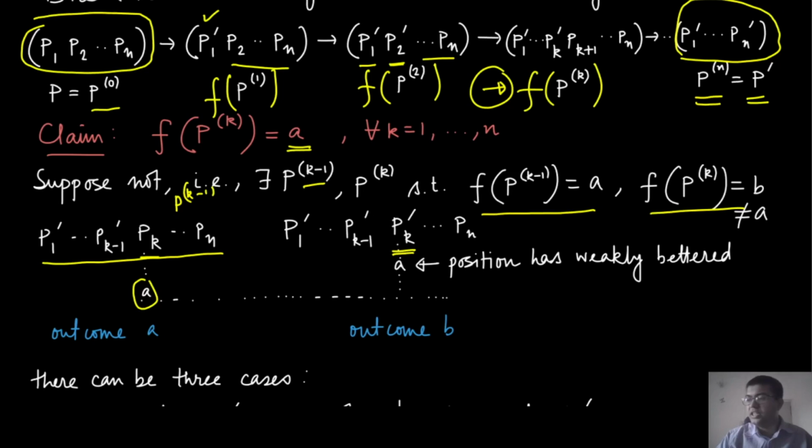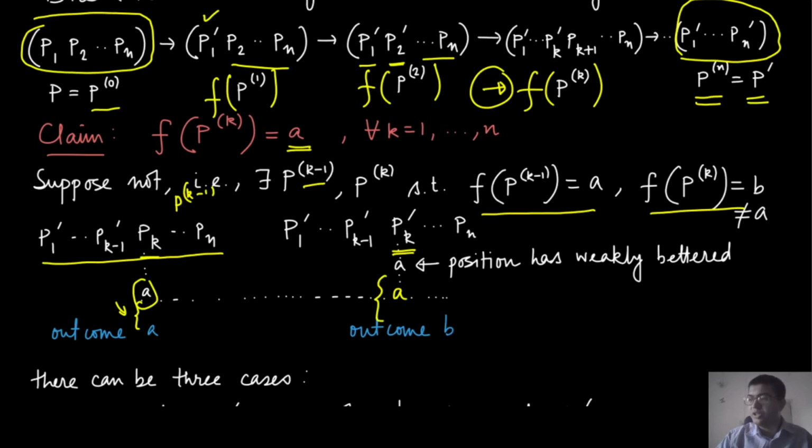So either the position of A in pk prime can be the same as in pk, or it can get better off. What it means is that all the alternatives that are below A in pk should continue to be below A in pk prime, right?